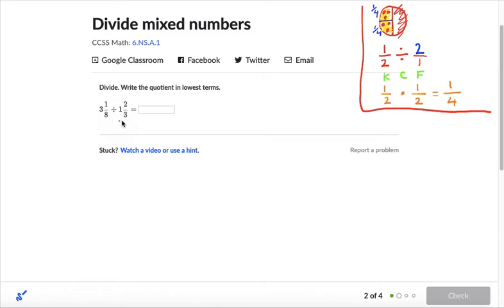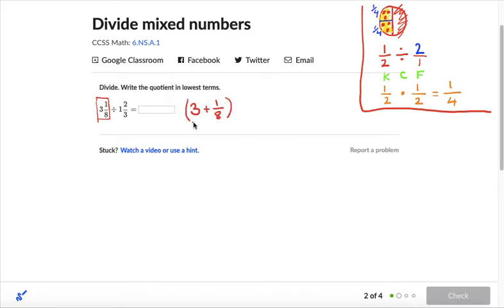Now, I also want to break this whole thing up, because I have a bunch of things going on with this one here. Recognize that a mixed number is really an addition built into it. So let me color code these a little bit. This first one right here, 3 1/8, is the same as 3 plus 1/8.